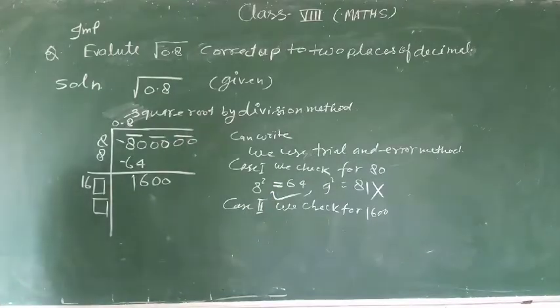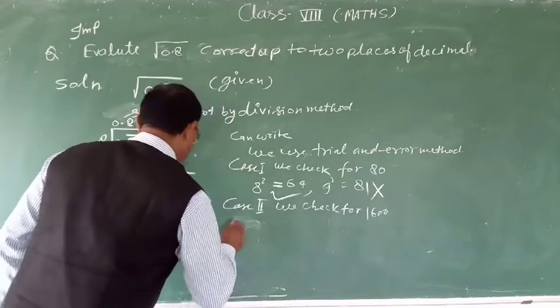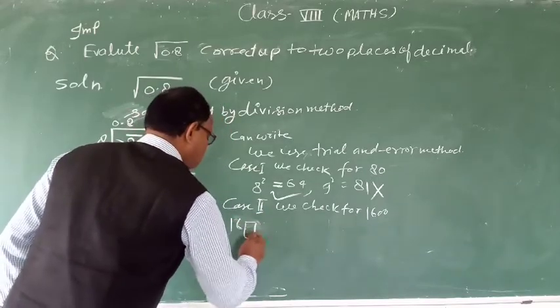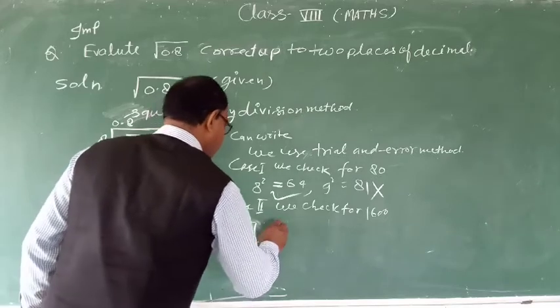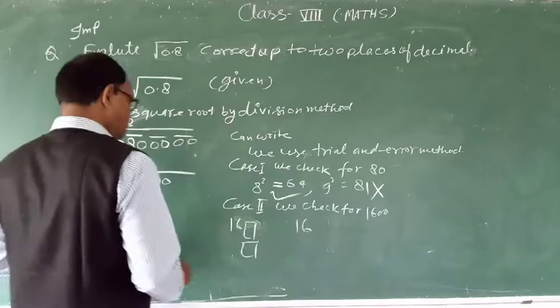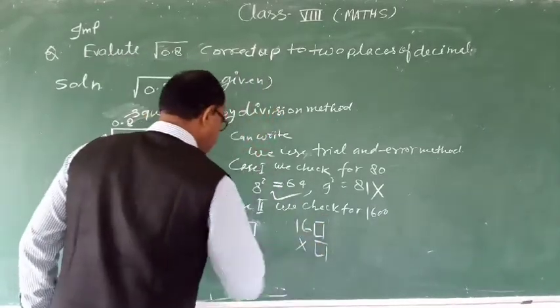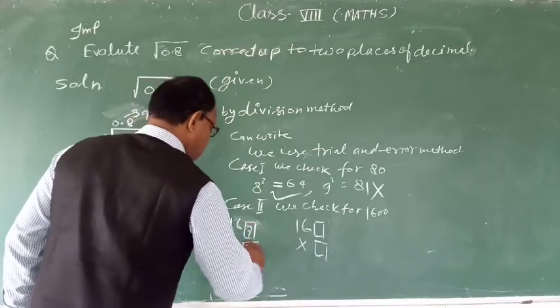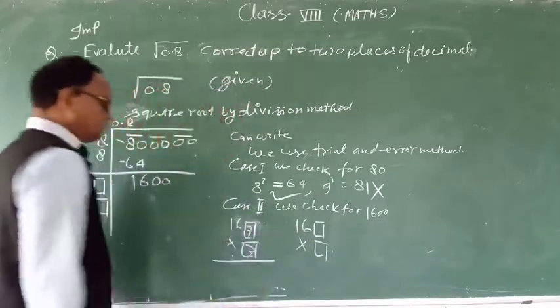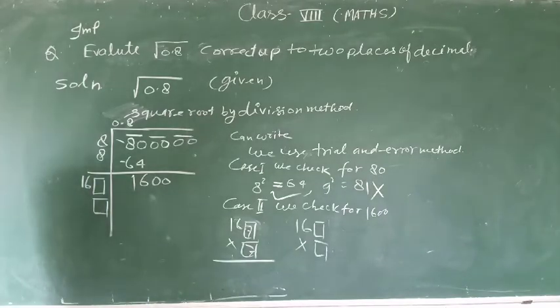We check for 1600. Here 16 make box, 7 square. 7 7 is 49.